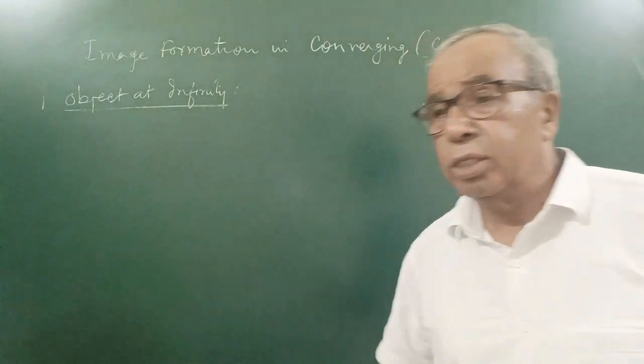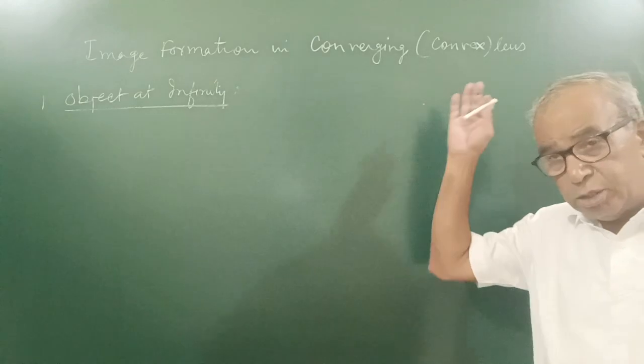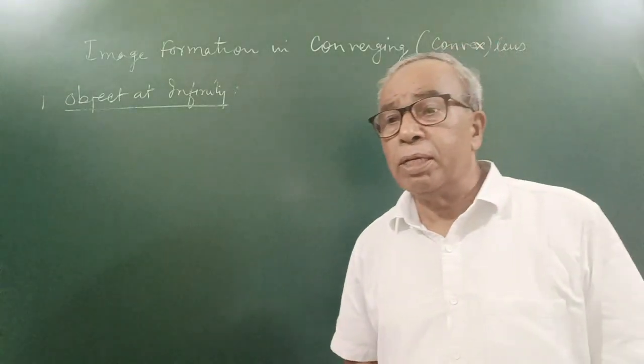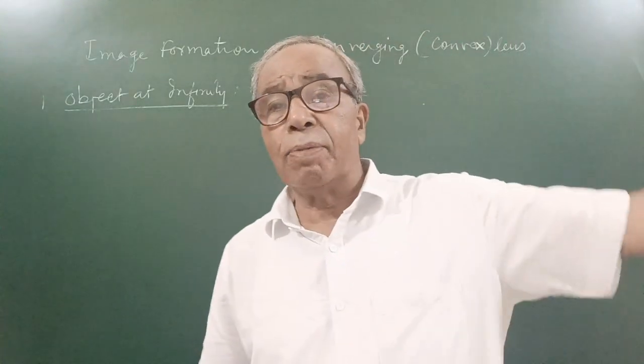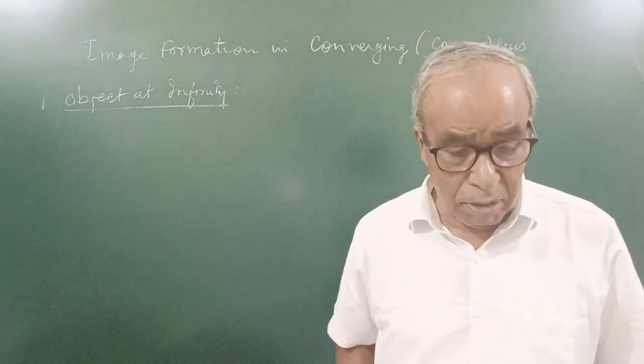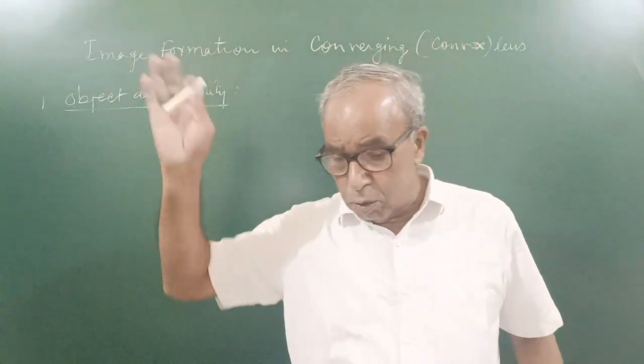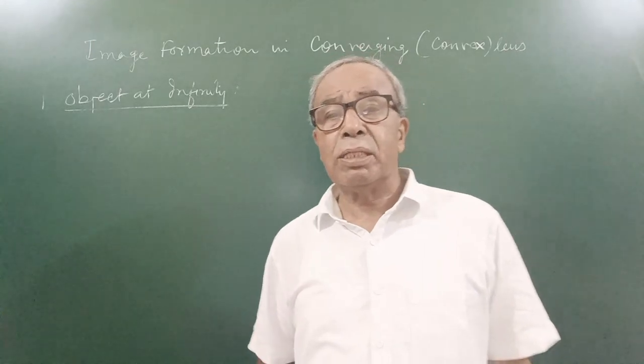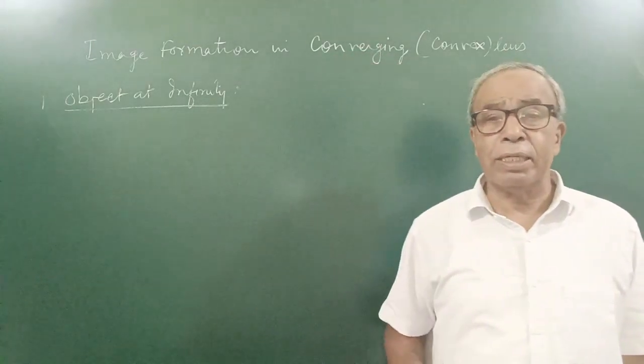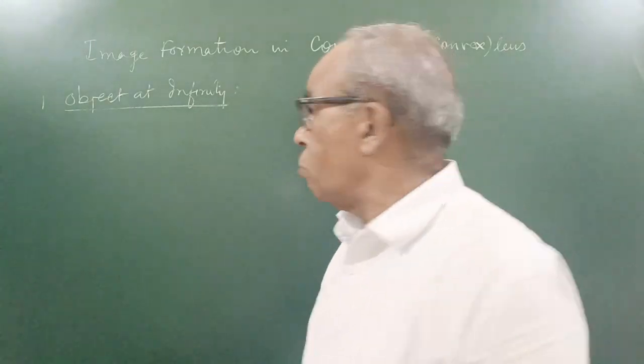Though the distance is also finite, that is known to us. So infinity does not mean that which we can't measure or which is beyond our approach, not like that. Infinity means some value much larger than a given value.